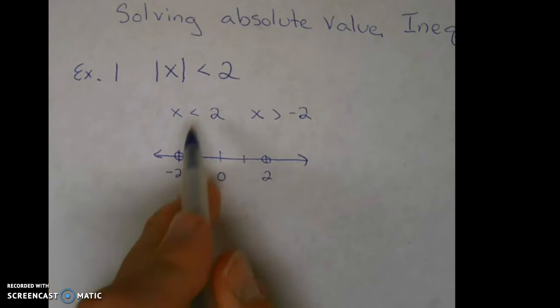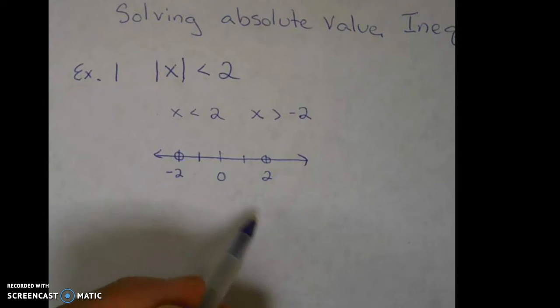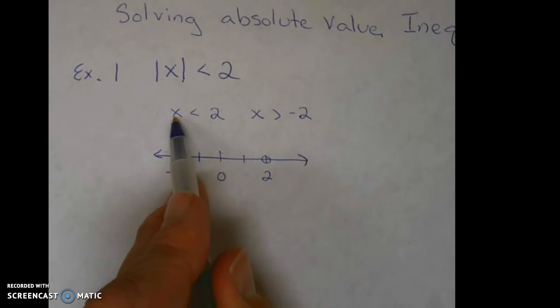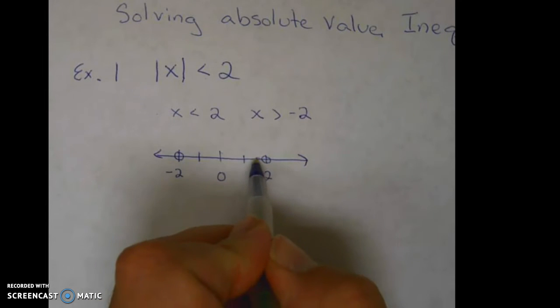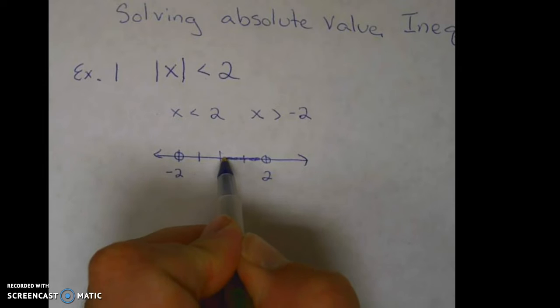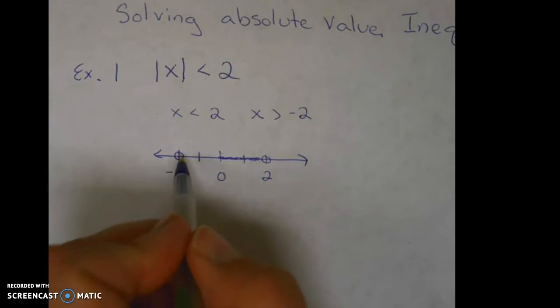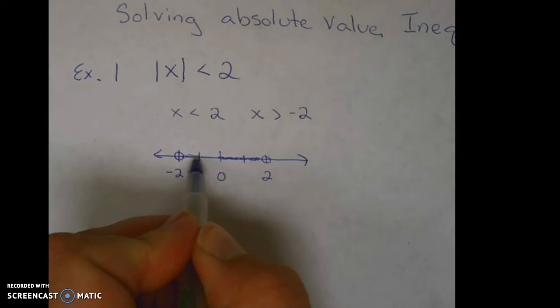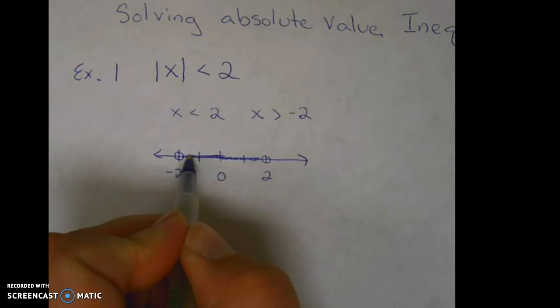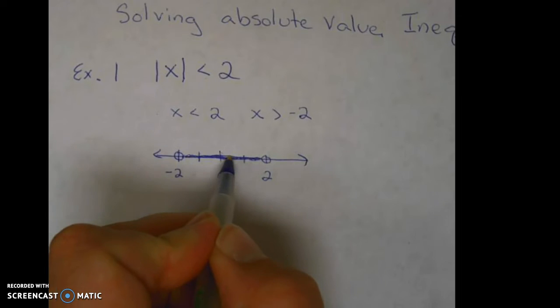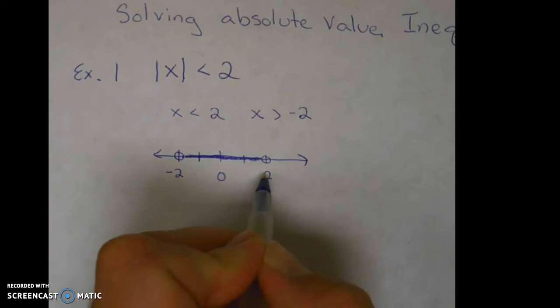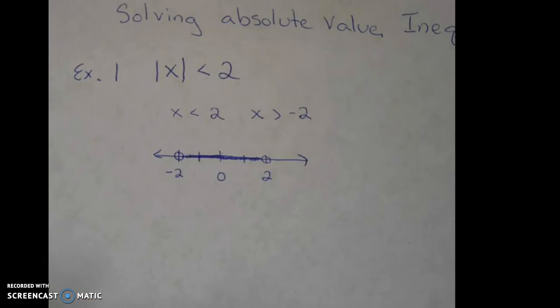Remember, open dot if there's no equal part. So now we're going to do some shading. For this first answer, it says x is less than 2, so we would shade to the left. And here x is greater than negative 2, so from negative 2 we shade to the right. So the solutions to this inequality are all numbers between negative 2 and positive 2.